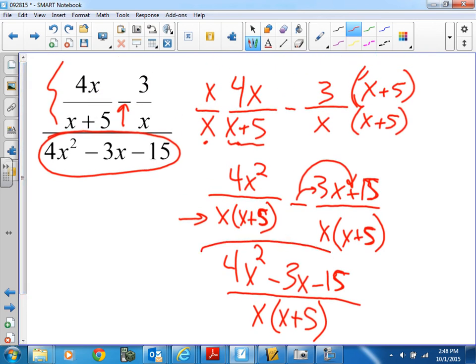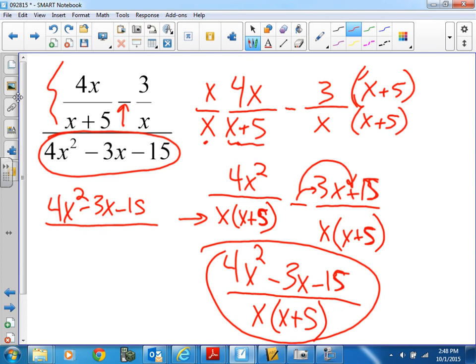So now we have one fraction, which is good. All right, so I'm going to rewrite this now as 4x squared minus 3x minus 15 over x times x plus 5. All of that over 4x squared minus 3x minus 15.